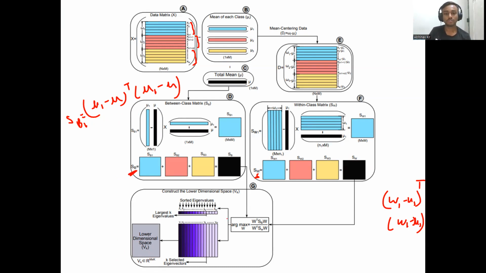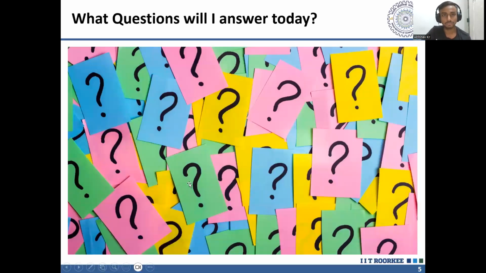And now we finally say that the direction which maximizes the between class variance and minimizes the within class variance is this. I'm going to talk about how this is derived. And then we select the largest eigenvalue and we project the current data onto this eigenvector.